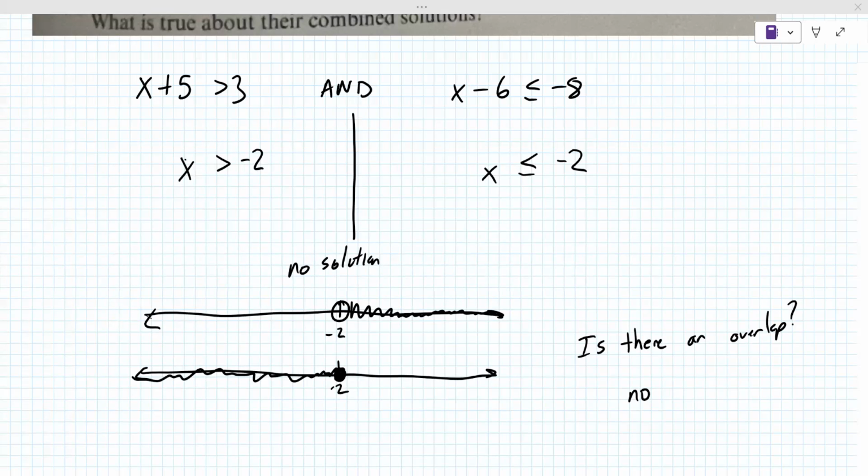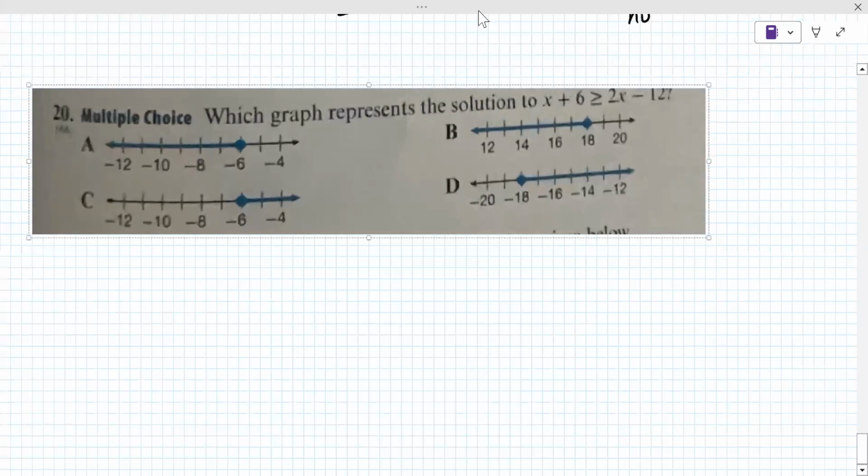All right, number 20. Which graph represents the solution to X plus 6 greater than or equal to 2X minus 12? Okay. Now, normally you always move the variable left, and that does work here.